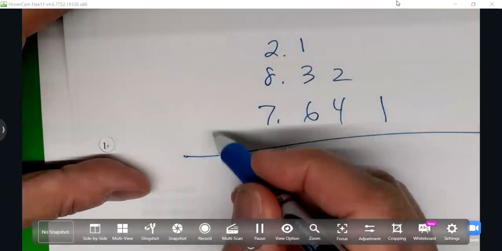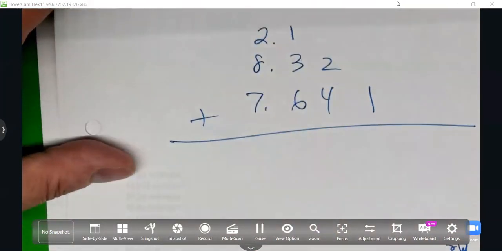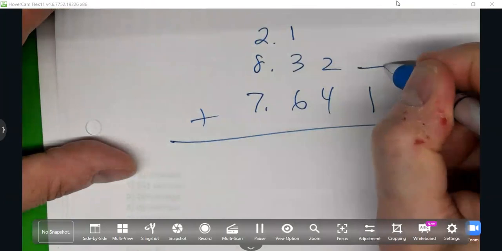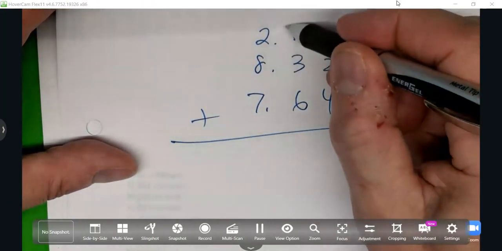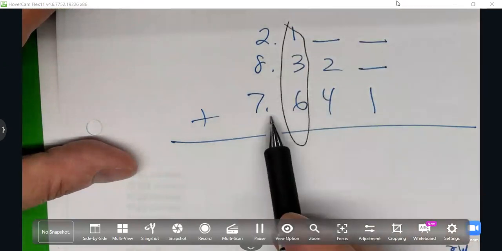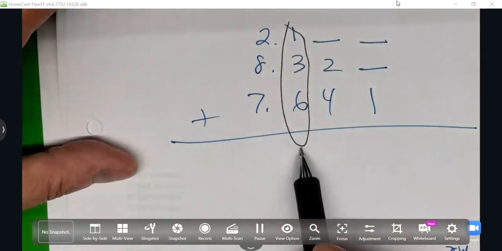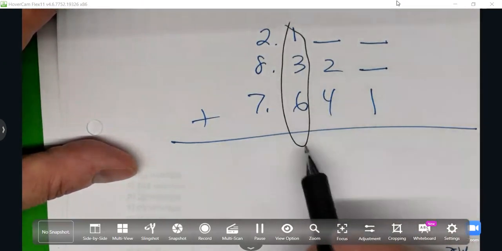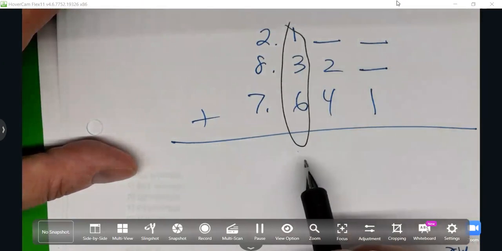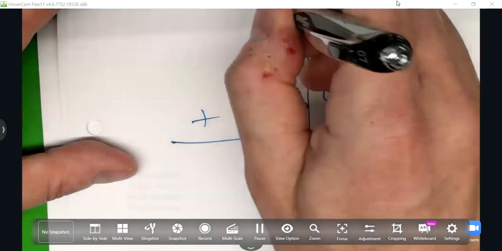If you're lining these up to add, you don't know what that digit is. You would round your answer to 1 decimal place, right? So for addition and subtraction, it's the least number of decimal places for your answer, if you have decimal places. Otherwise, you've got to keep going left.